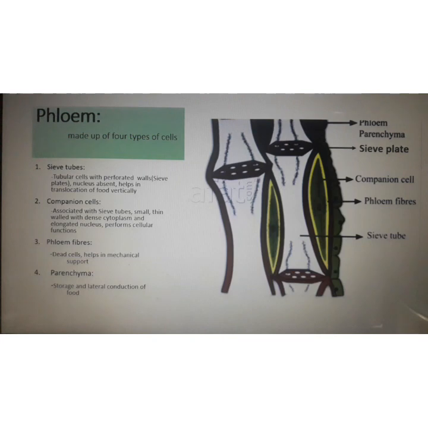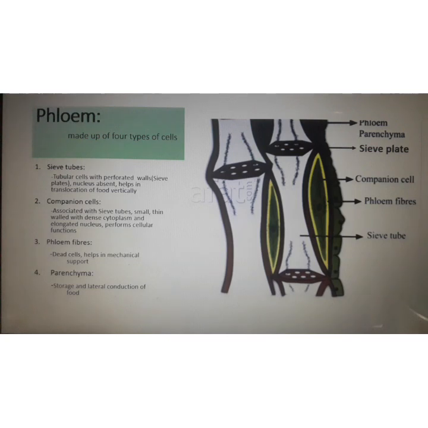Their end walls have many pores and are called sieve plates. The nucleus degenerates at maturity in sieve tubes. Next are companion cells. A sieve tube is associated with a small, thin-walled cell containing dense cytoplasm and a large nucleus. It is called a companion cell.